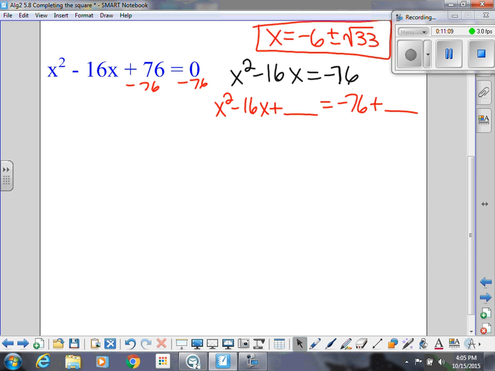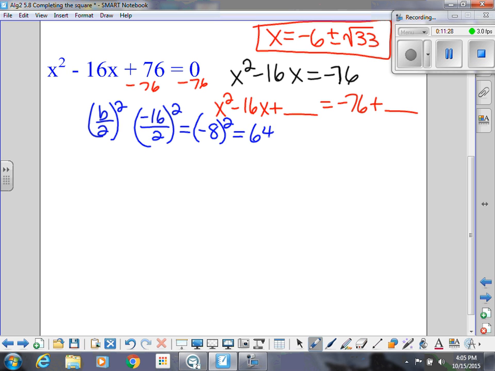That will go on both sides. So remember, b divided by 2 squared. So our b in this situation is negative 16. So negative 16 divided by 2 is negative 8. And then when I square negative 8, that gives me positive 64. So 64 goes in those blanks.